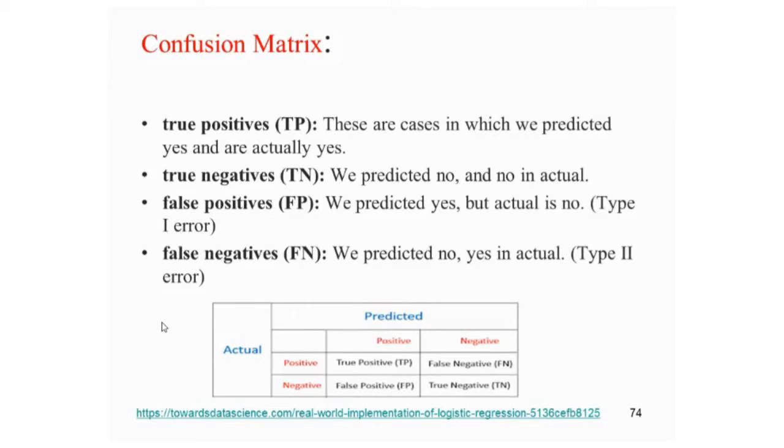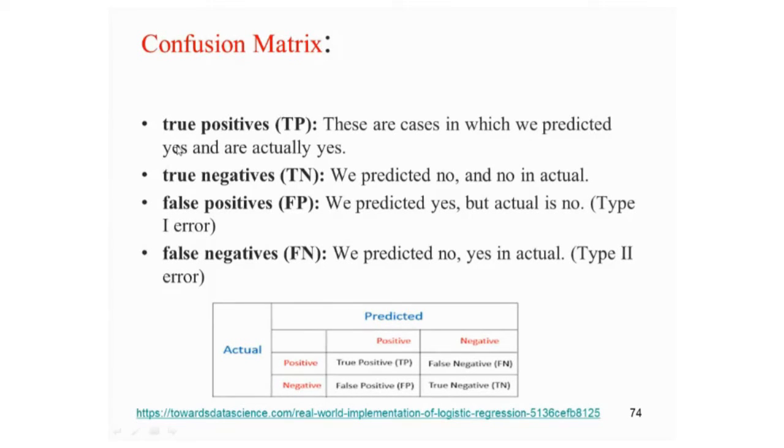Then how will you check the accuracy of this logistic regression on this particular red wine data set? For this, we have the confusion matrix. Through this confusion matrix we can get the precision, recall and F1 score.